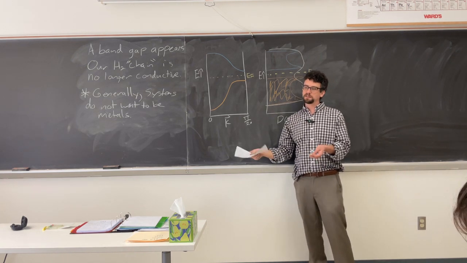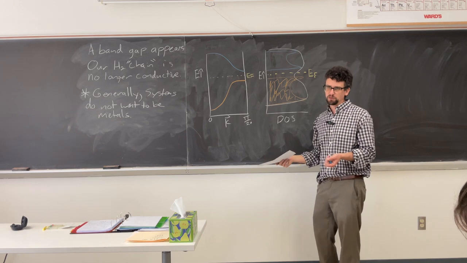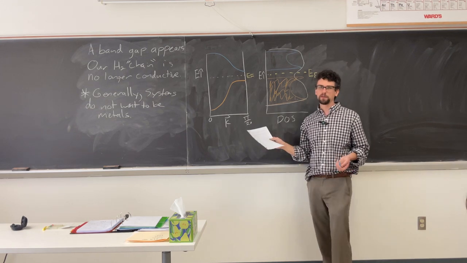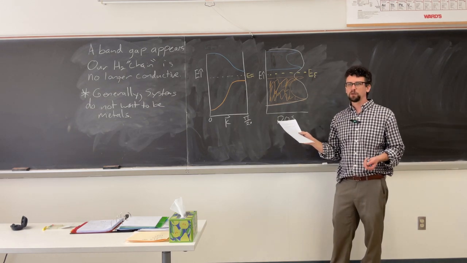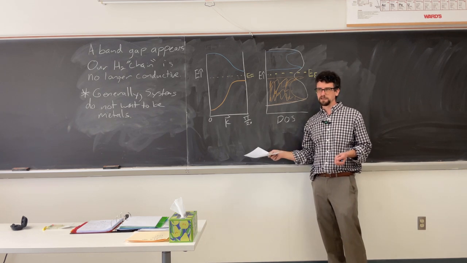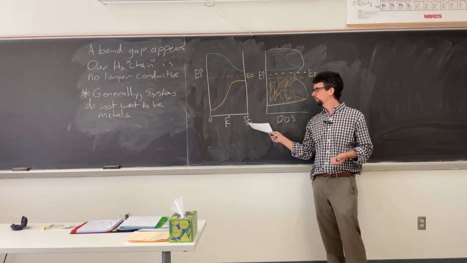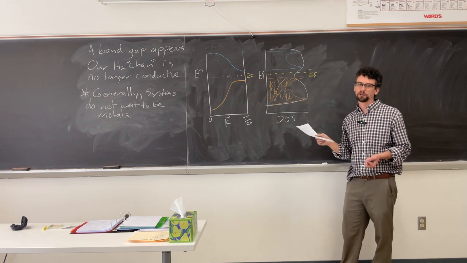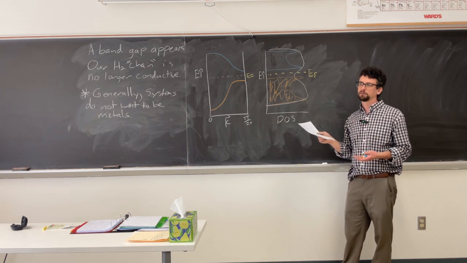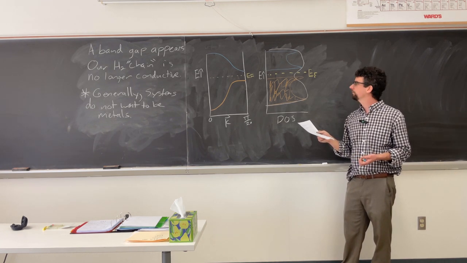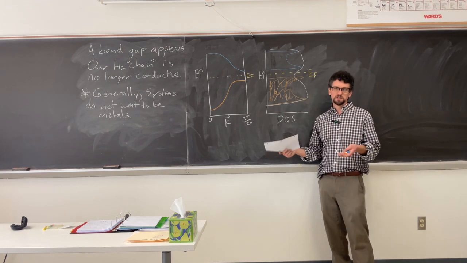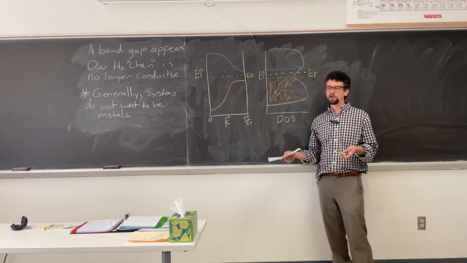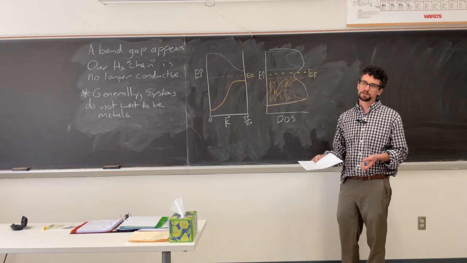Let's say you had a metallic system, you calculated it out, you drew the band structure. What should you always be considering after you've drawn this band structure? Like our 1D hydrogen chain, you all knew that was fictitious, right?